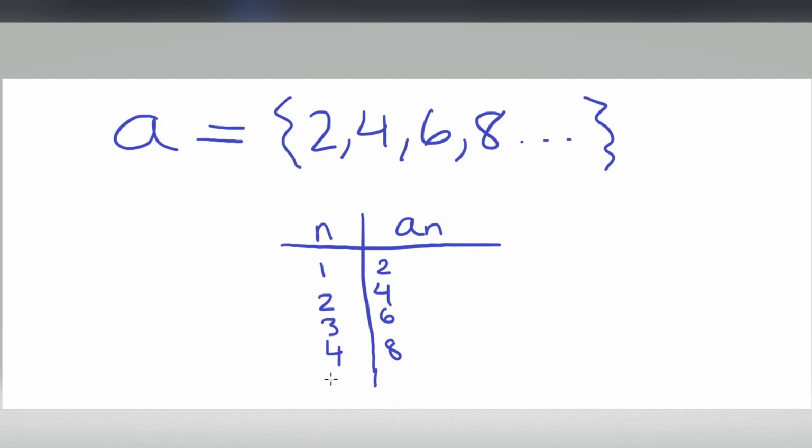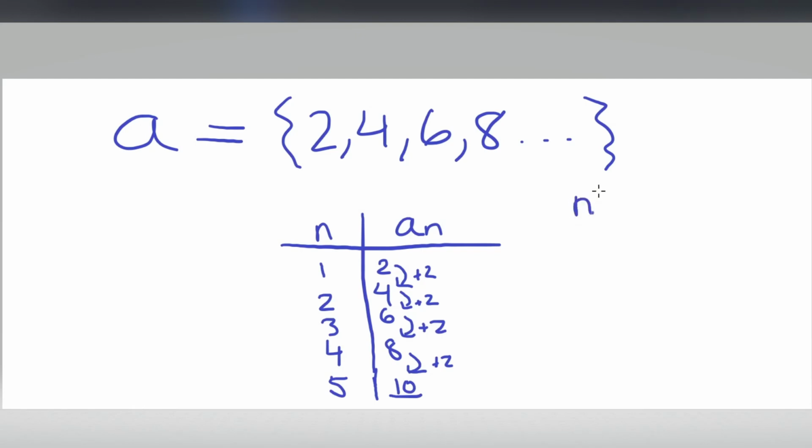If I want to find the value at position 5, I have to look at what has been happening in the past. So this would be 2 plus 2 is 4. 4 plus 2 is 6. 6 plus 2 is 8. So we know the next term, if we add 2, is going to be 10. Right? So how do we write that out? Well, let's first write it out in words.